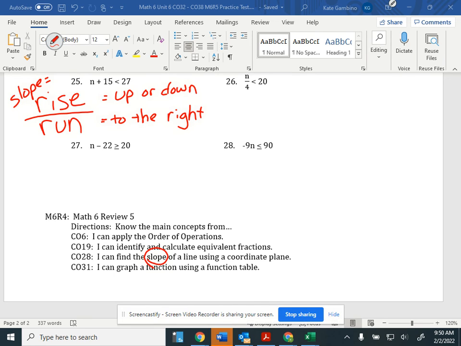With the rise? You start with the dot that's closest to the left, that's where you start. But what do we know if we go up? It's positive. If we go up for our rise, it's positive. Down equals negative.